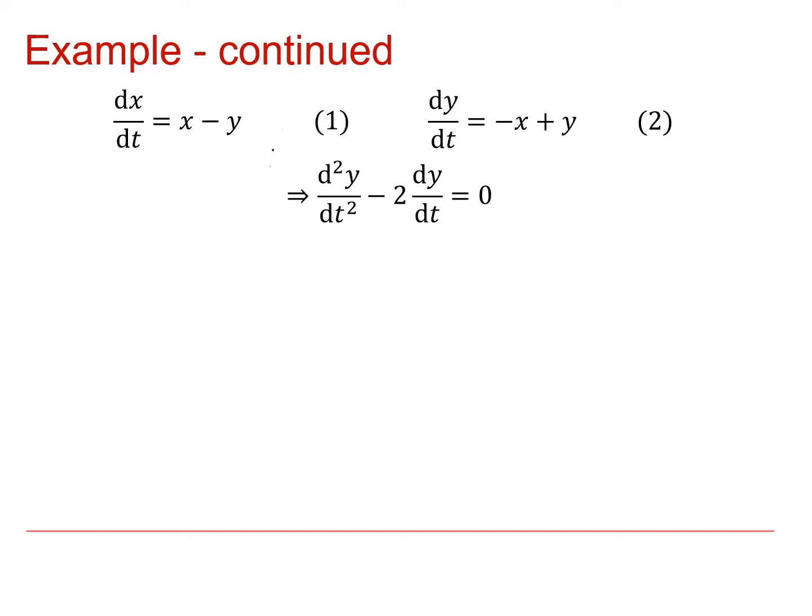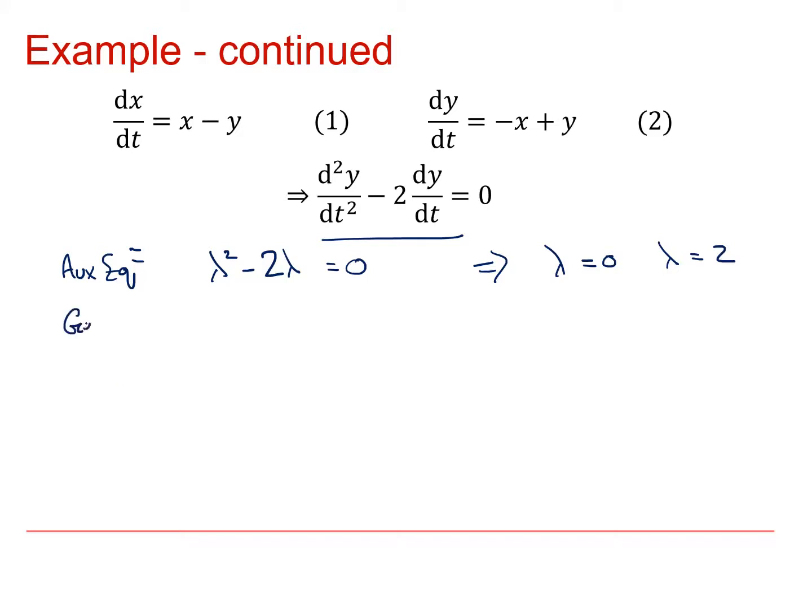So continuing with this example from this differential equation, the first thing we need is the auxiliary equation. So my auxiliary equation for this is going to be lambda squared minus 2 lambda is equal to 0. And that gives me two values for lambda. Lambda is equal to 0, or lambda is equal to 2.